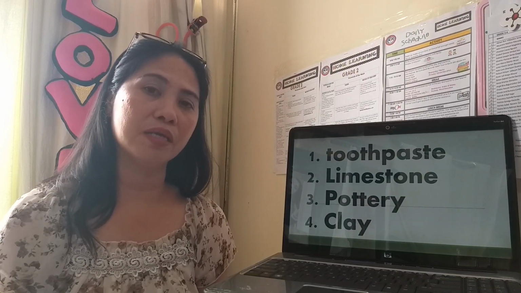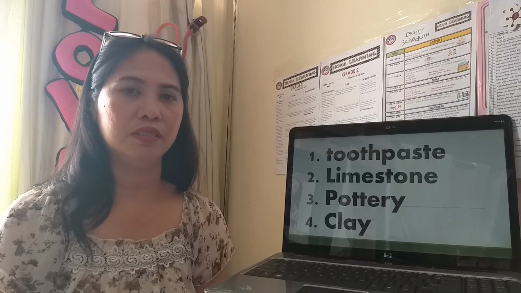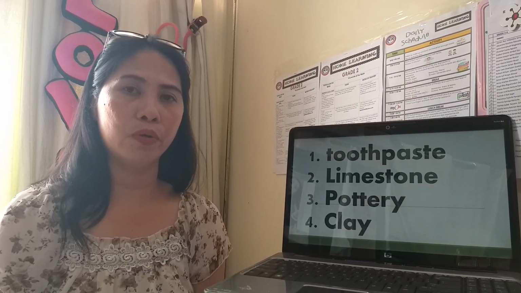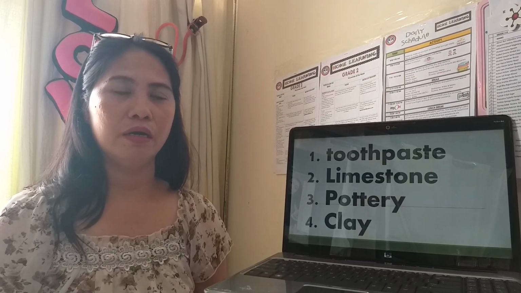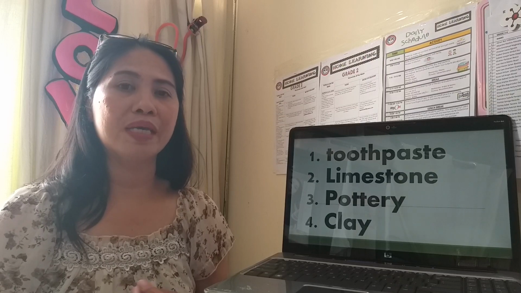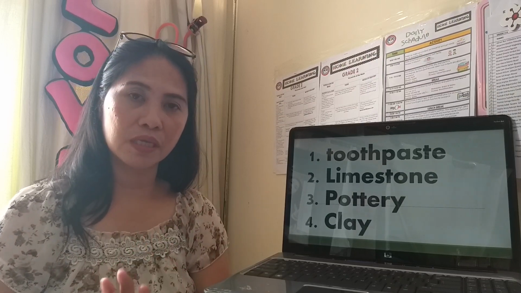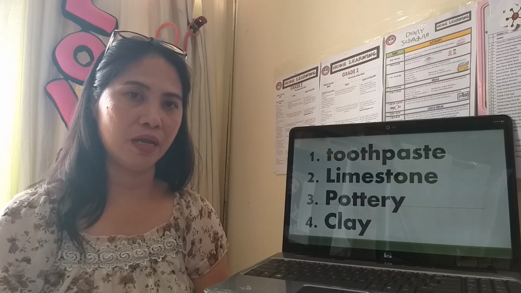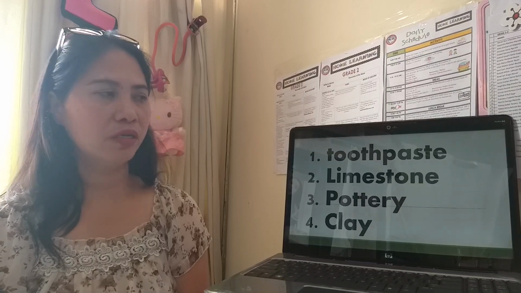We can create glass bottles and jars out of sand. We can also have lumber out of trees. This is what we mean by people can change natural materials into man-made materials. Is that clear? Very good.